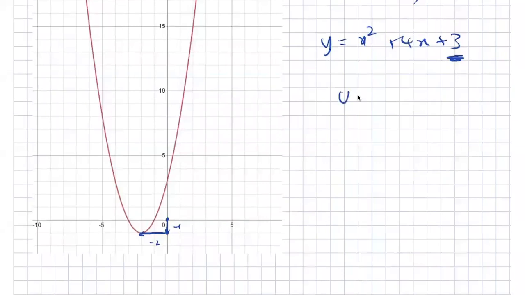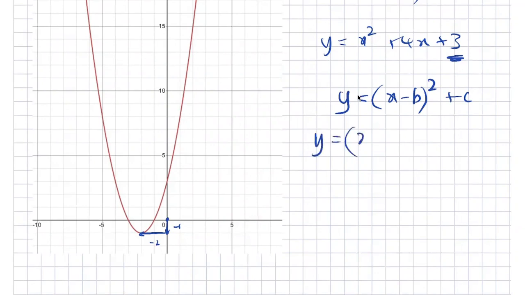So if we do this and we use this one over here, where I get x minus b squared plus c, where b is the horizontal translation and c is the vertical translation. So you can see there the horizontal translation is 2 to the left. So we can fill that in on what we've got.